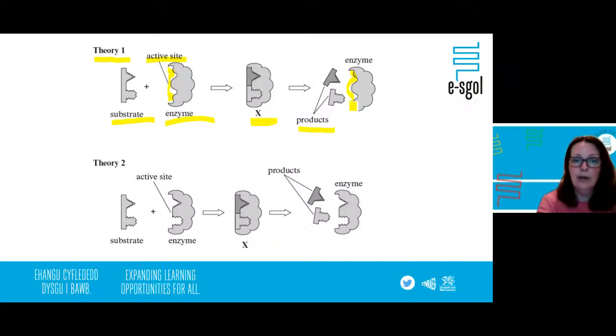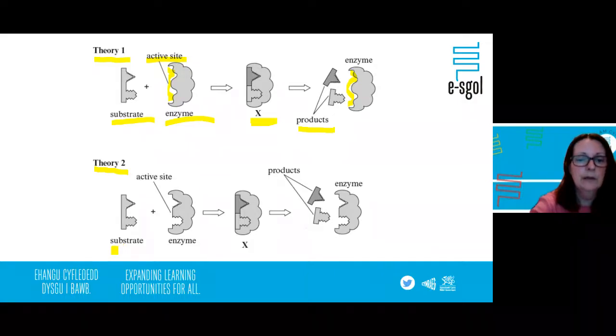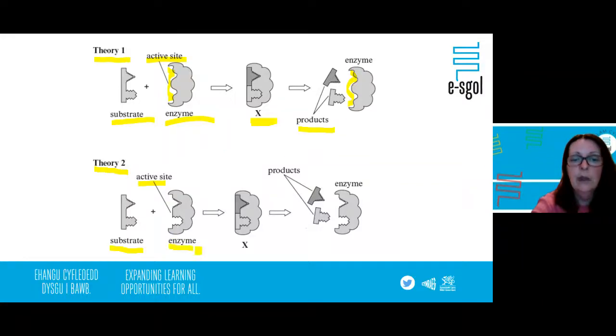So let's look at theory 2 and think to ourselves what this theory might be here. So as you can see, as we looked at previously, we've got the substrate here with a very specific shape. And if you look at the active site on the enzyme, you can see that that shape is complementary to each other. So the substrate is complementary to the active site on the enzyme.